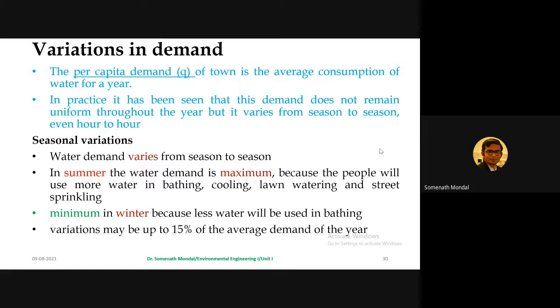Now, on the other hand, if you realize properly, there are variations in hour-to-hour demand as well. Fine. So that is called hourly variation. So what happens in hourly variation?